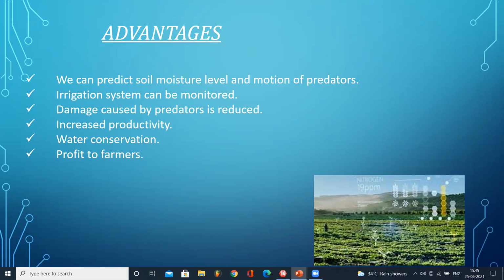Number two, the irrigation system can be moderated. Number three, damage caused to the product is reduced. Number four, increased productivity. Number five, reduced water consumption. Number six, profit to farmers. Please move on to the next slide.